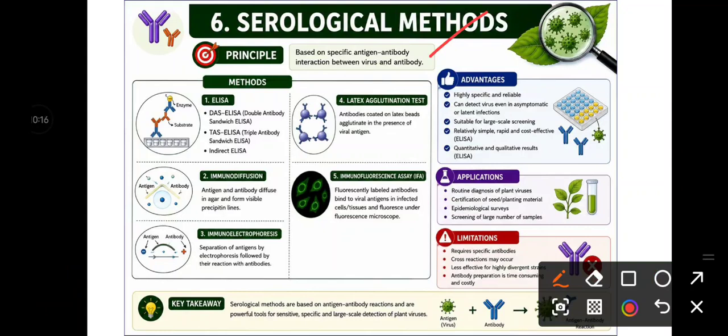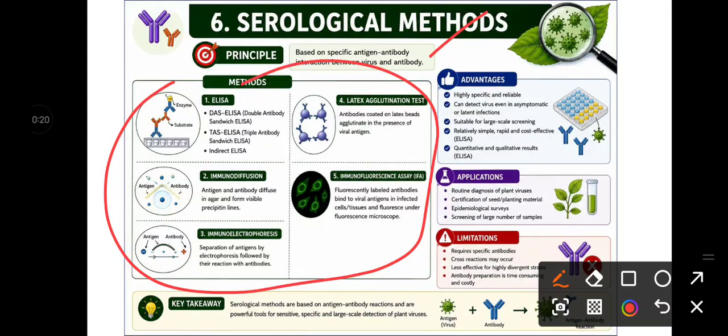You can classify these methods into three categories. First is the conventional serological methods, which include the ring precipitation method, immunodiffusion, and latex agglutination test.